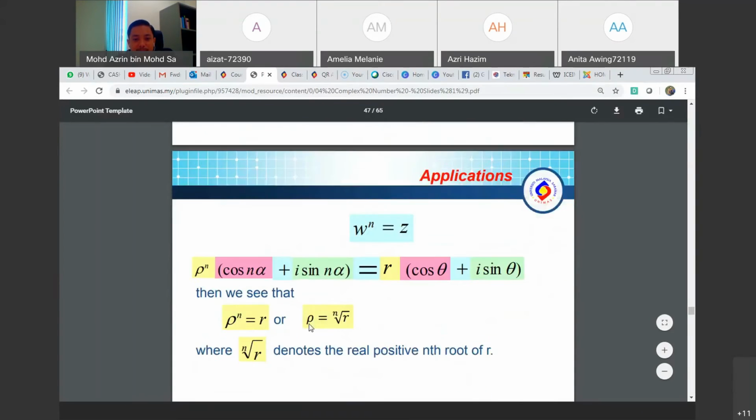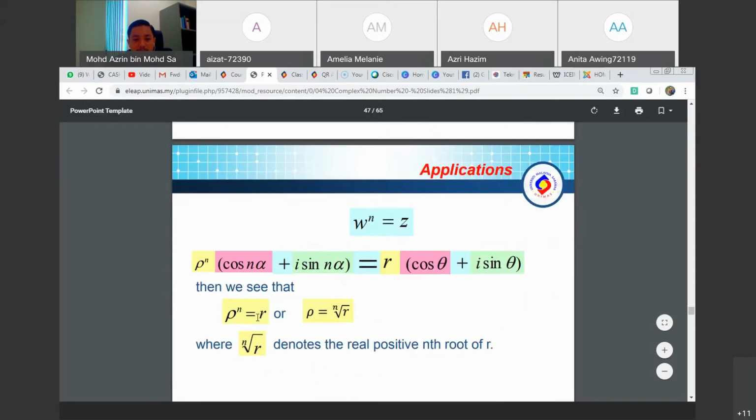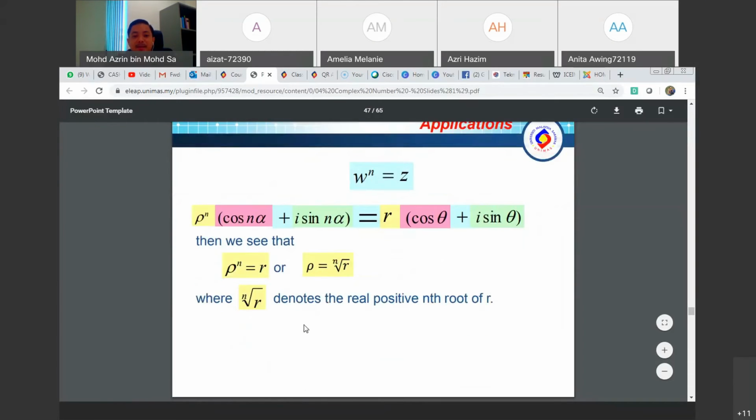So we can see that rho n equal to r, ataupun kita letak rho equal to n-th root of r, where n-th root of r denote as the real positive root of r. Okay, boleh pelik. So senang cerita, rho n equal to r, and rho itself is equal to the n-th root of r.